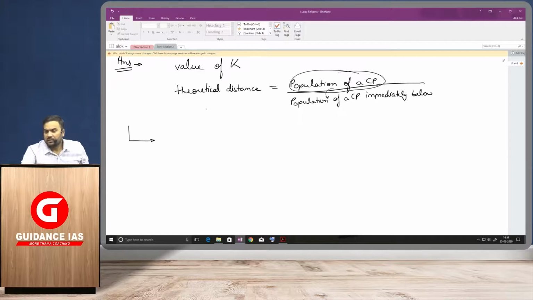Okay, so when we look into the hierarchy of the settlements which are there, in India you must be aware, we have already talked about that census classifies the places into 10 types of settlement. Class 1, Class 2, Class 3 till Class 6 are the urban places, and then Class 7, 8, 9, 10 are rural places.